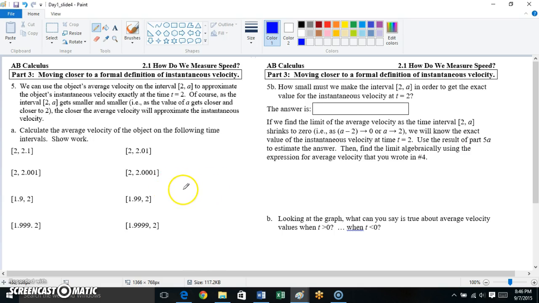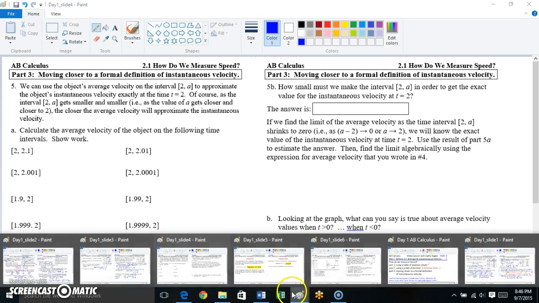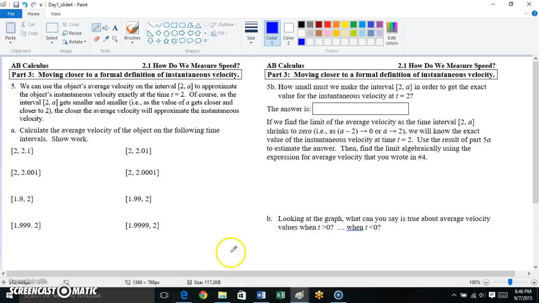Okay, so we want to move closer and closer to a formal definition of the instantaneous velocity. And to do that, we're going to take a look at these symmetric intervals. Okay, if we look at these intervals, we're looking at intervals on the right-hand side of 2 and intervals on the left-hand side of 2. And we want to find the average velocity over each of these intervals.